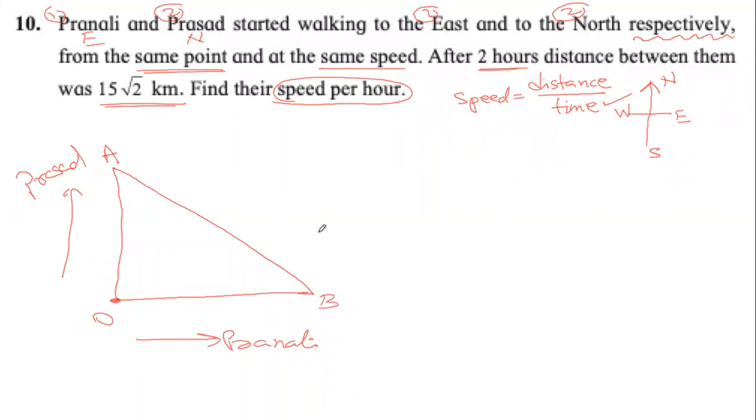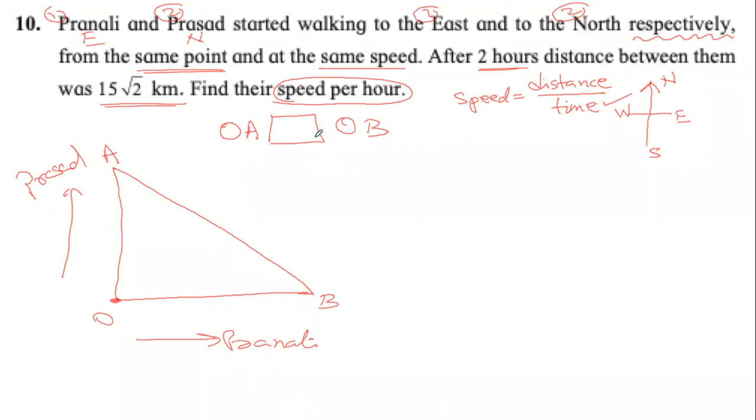Now if I ask you a simple question, a fill in the blanks, that I need to understand the relationship between the distance that is covered by Prasad and the distance that is covered by Pranali. This is the distance, right? Prasad moved from O to A in 2 hours. Pranali moved from O to B in 2 hours, with the same speed.